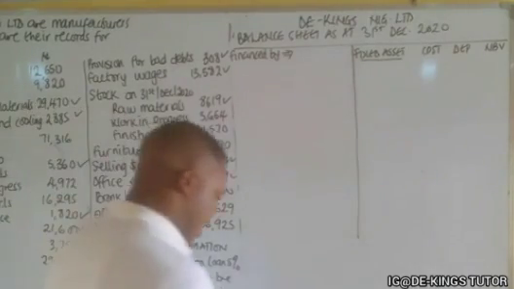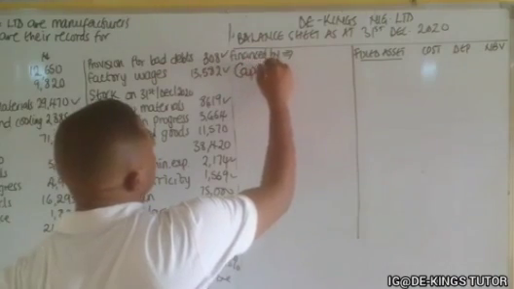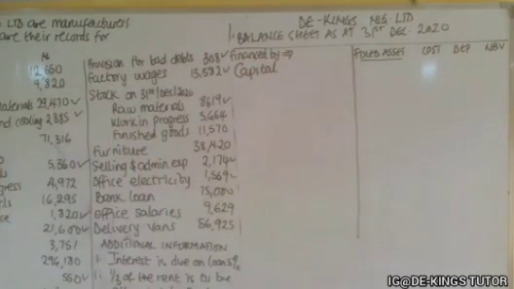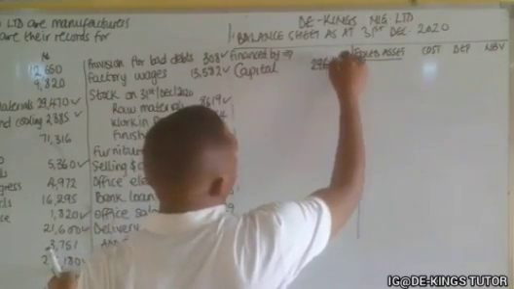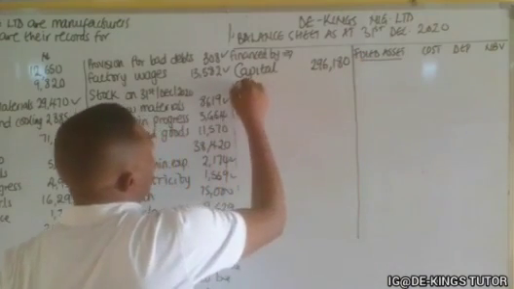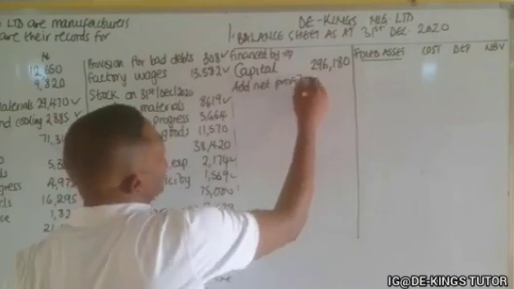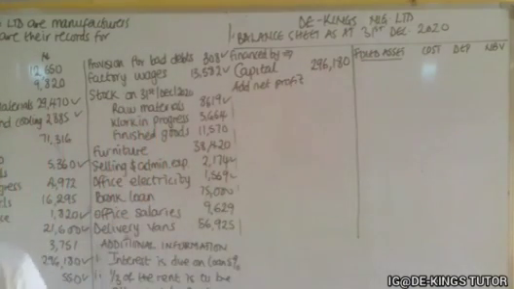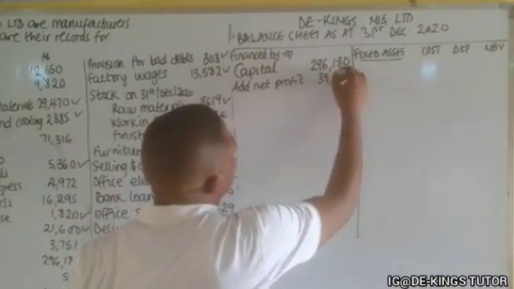So let's start from the left hand side. We're supposed to have capital here. So let's check if there's capital in this question. Capital is here, 296,180. So we have add net profit. Now the net profit we got from our profit or loss account is 39,084.